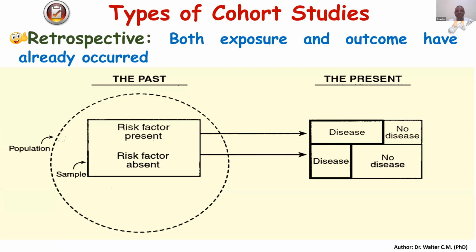So we have types of cohort studies. We have retrospective and we have prospective studies. Retrospective cohort study means that you want to go somewhere to study a phenomenon, and the phenomenon is there, is existing. It has happened. It has occurred.